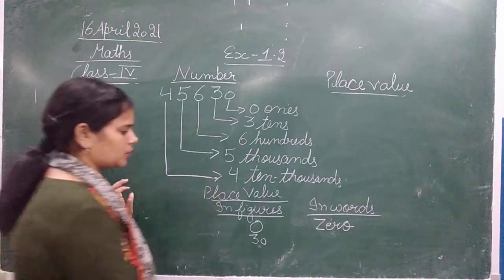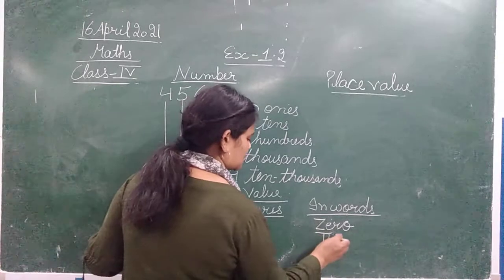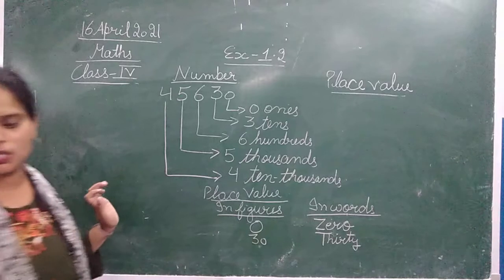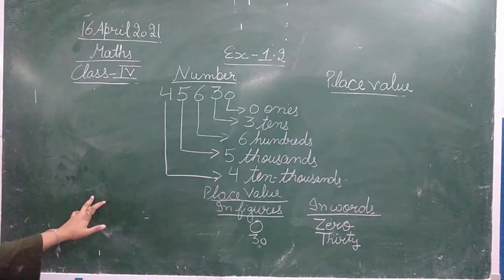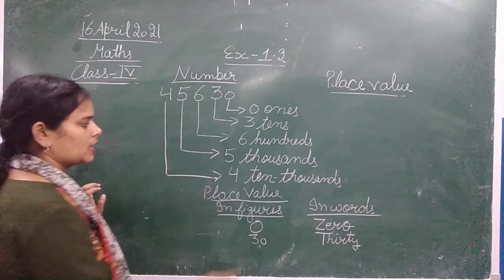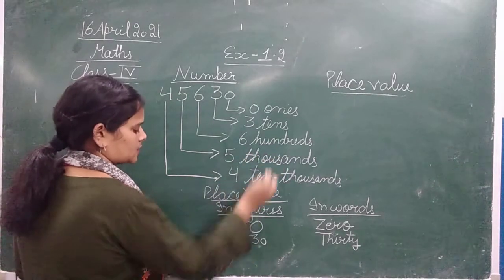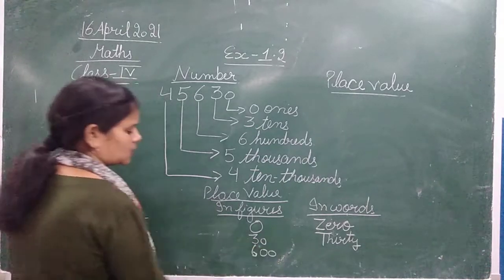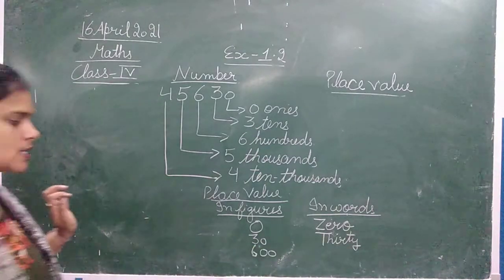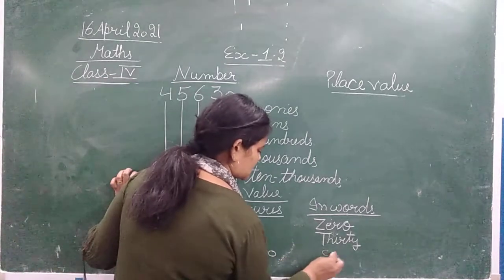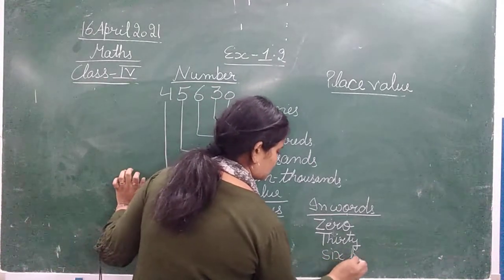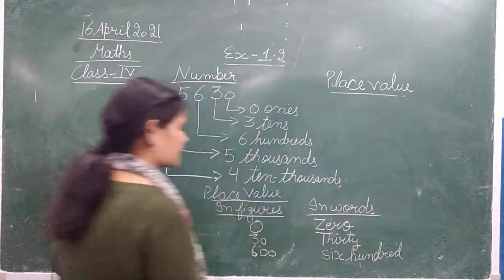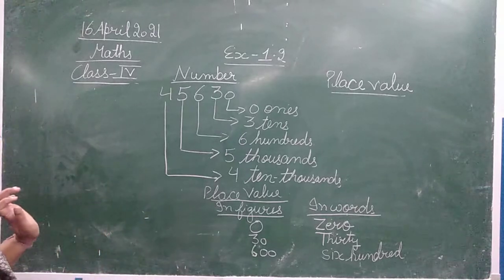So the place value of 3 is 30, in words as well. Next is 600. So the place value of 6 in figures will be 600. So here we will write it as 600.